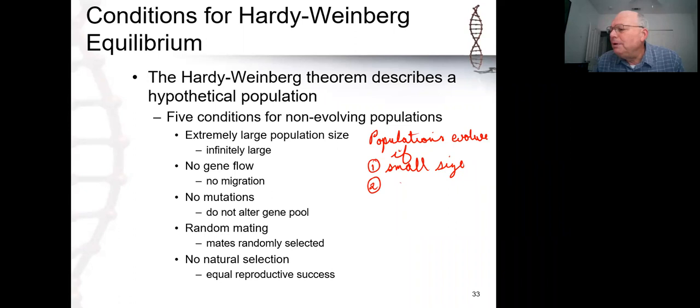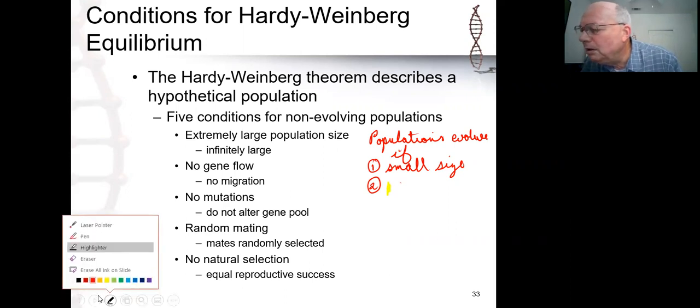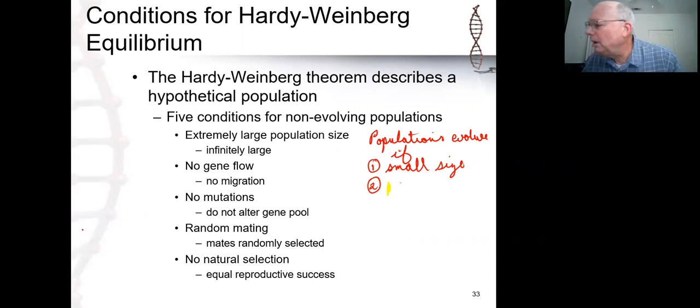So gene flow, obviously movement of individuals from one population to another, does change the allele frequency. So a population will evolve if there is migration, but I want to highlight on that. So migration occurs.